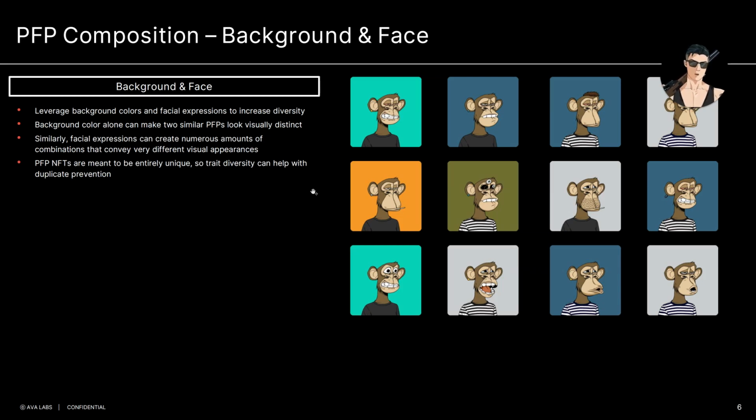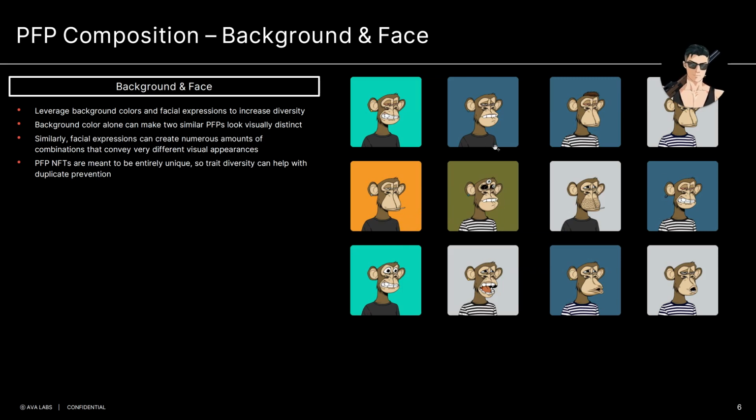Once you start marketing, you're going to be rushing to get all the traits right, to get the collection settled and created so that you can launch and mint your collection in time. So anywhere you can save a little bit of art bandwidth to spend polishing other traits, coming up with other new traits, the better. So if you decide you need some amount of traits to create a visually distinct enough collection across whatever your supply is, 2,000, 5,000, or 10,000, a good way to do that is to leverage background and face.